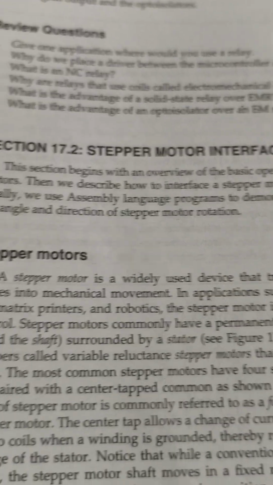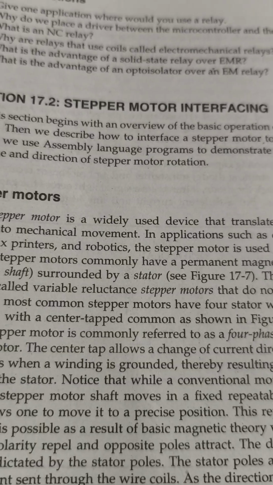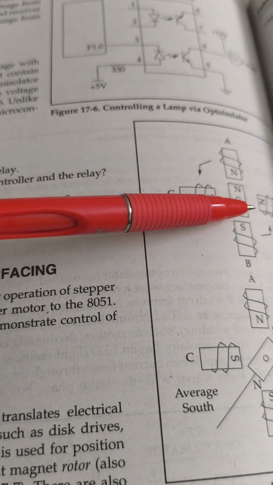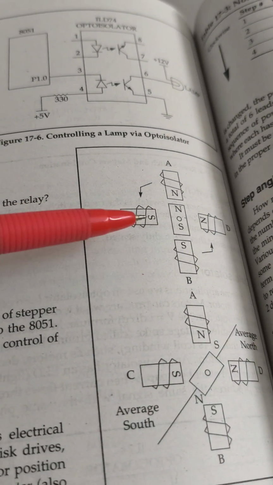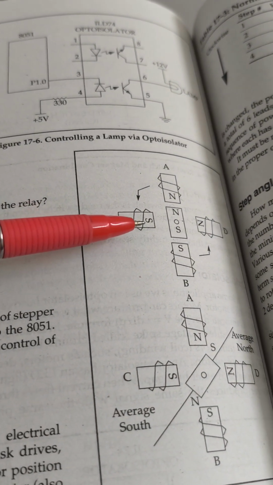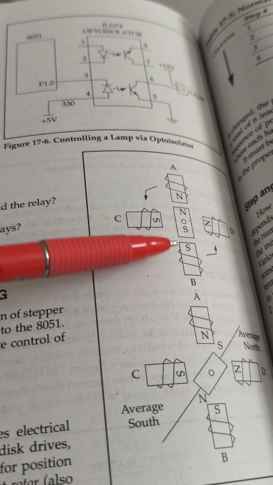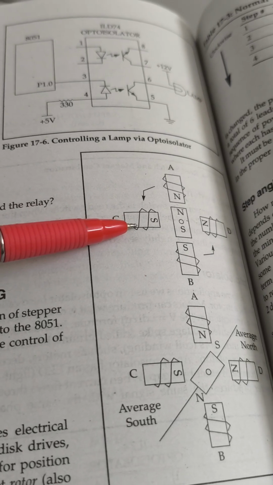Here they have given a stepper motor. These are the stators, this is the rotor, and this rotor is stationary, and these are magnets. These four stators, A, B, C, D, are magnetic in nature.